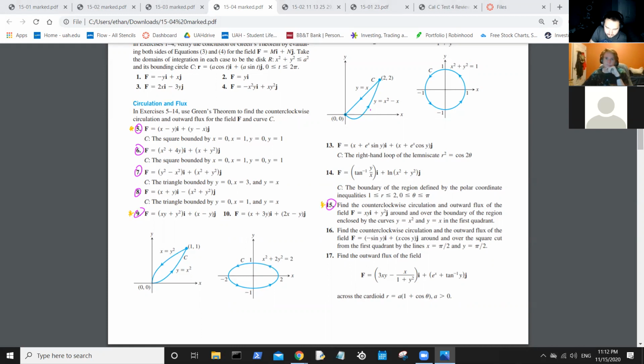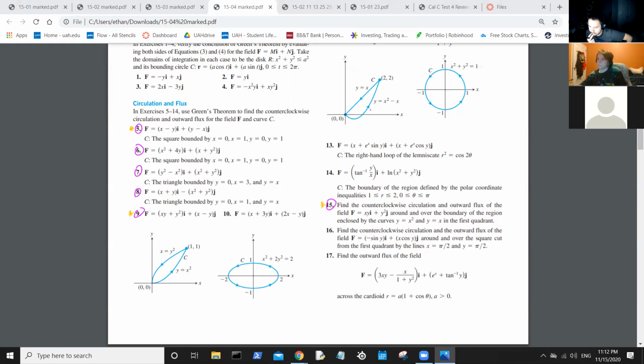So you take the i term partial with respect to x, and then you add the j term partial with respect to y. Easier. So the only difference is it flips m and n.